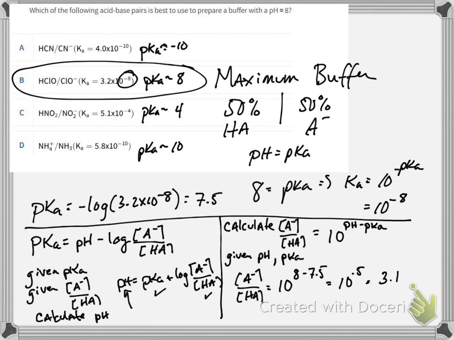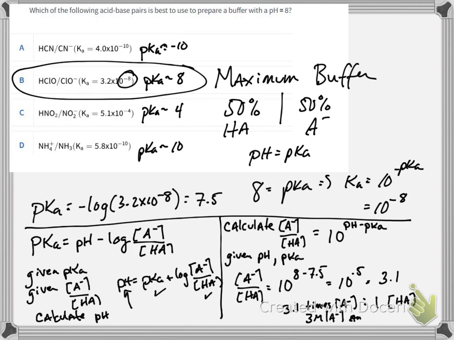So what we would want to have is 3.1 times A minus for every 1 HA.